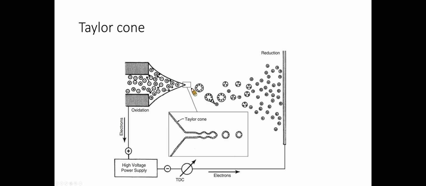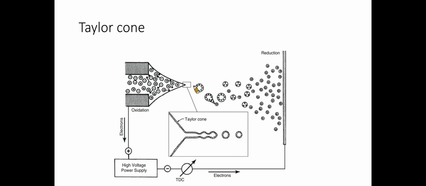This cone is called the Taylor cone, after the scientist Taylor, who first theoretically described the conditions under which a stable liquid cone can exist with the competing forces of an electric field and the surface tension of the liquid. This Taylor cone is a zone of high turbulence.